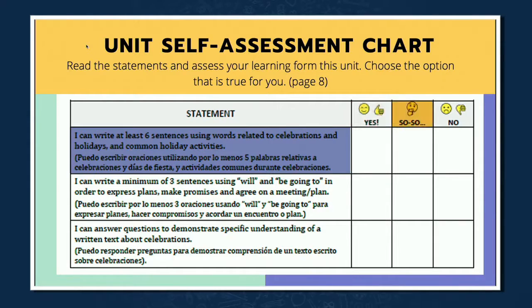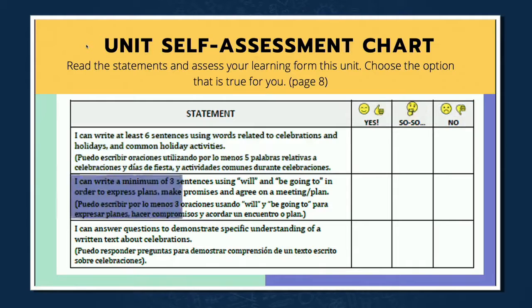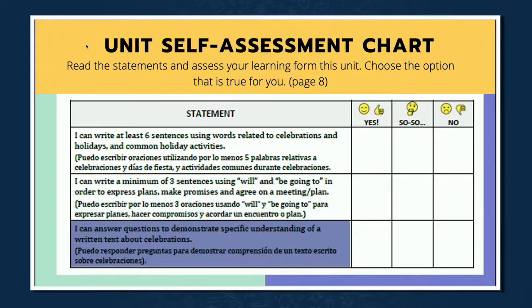Yes, so-so, or no. Puedes escribir por lo menos 3 oraciones usando will and be going to para expresar planes, hacer compromisos y acordar un encuentro. Yes, so-so, or no. Puedes responder preguntas para demostrar comprensión de un texto escrito sobre celebraciones. Is that a yes, a so-so, or no?